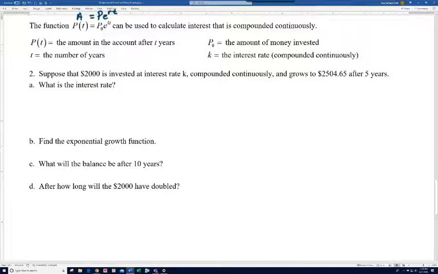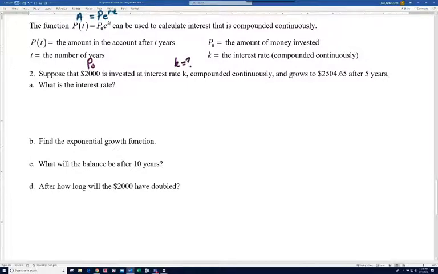So on number 2, it says here that $2,000 is invested at interest rate K. So in this problem, using our new variables, this would be P naught. And our interest rate we're calling K. That's what we're actually looking for here.